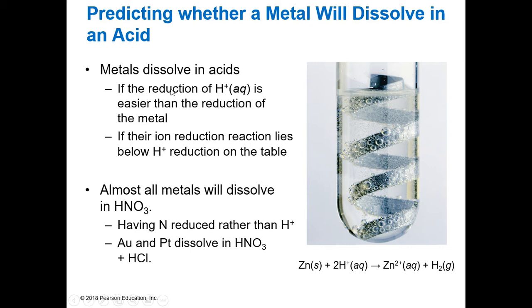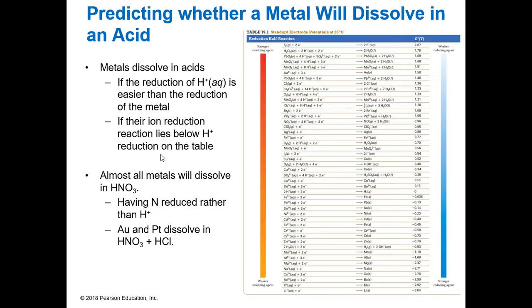So if the reduction of H plus is easier than the reduction of the metal, then the metal will dissolve. So what that means is the ion reduction potential reaction has to lie below the hydrogen plus reaction. So if we take a look, H plus is at 0 volts, right?